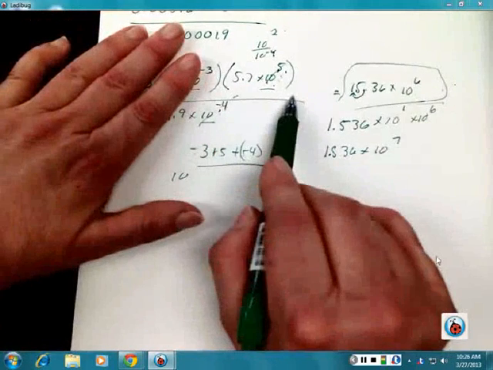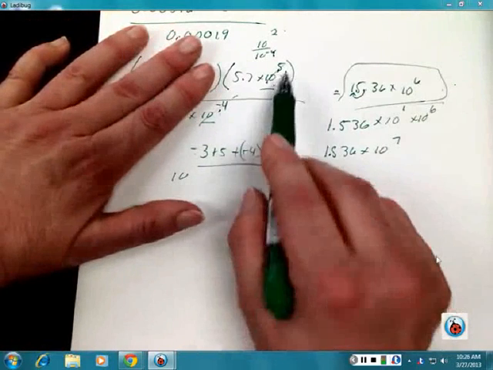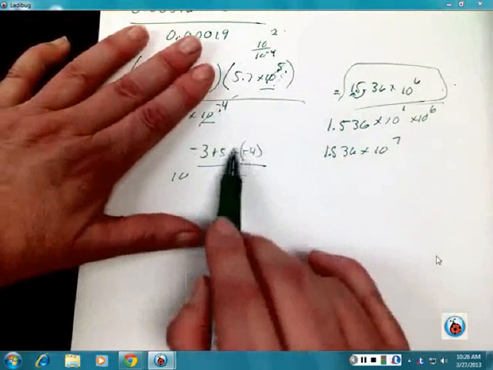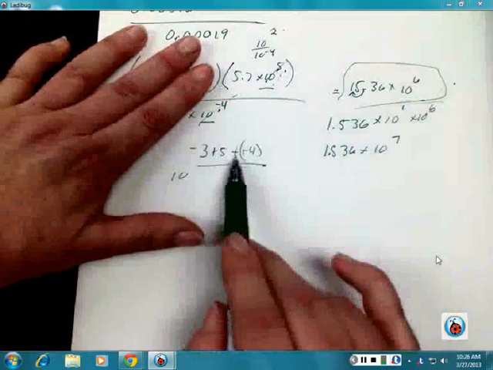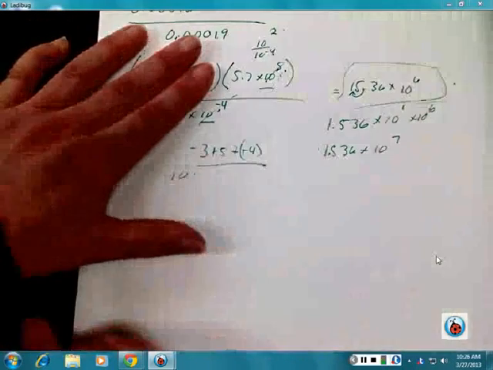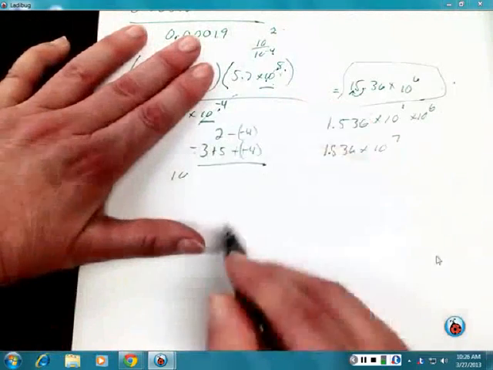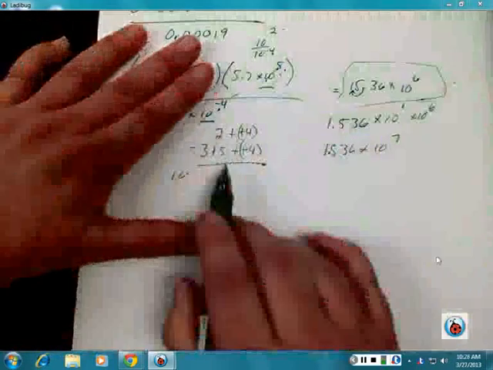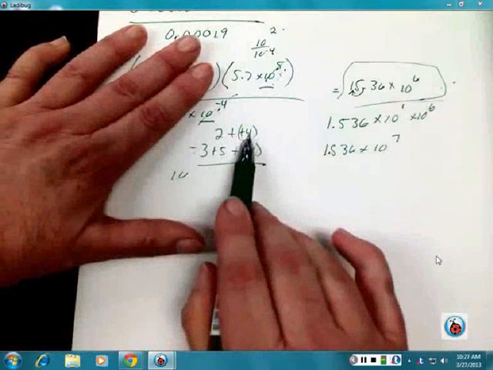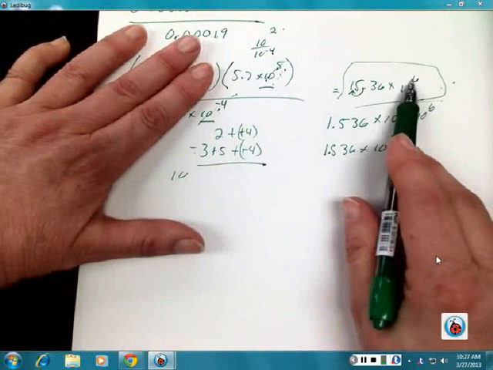So my rule for division, or the quotient rule, says I need to subtract it. So then I subtract it from what was on the top. This gave me 2 minus a negative 4, but the signs change back to chapter 1. 2 plus a positive 4 is 6. Okay?